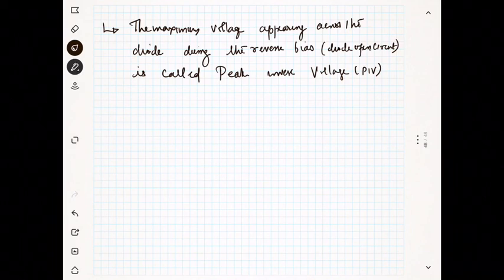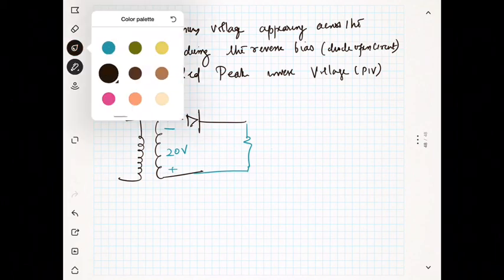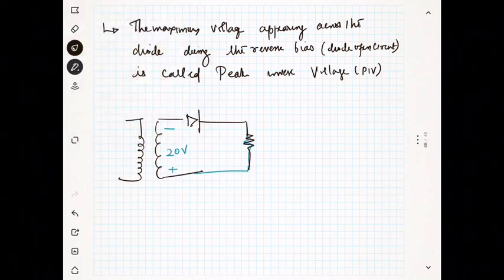And what is the relevance of this? Suppose you are making a rectifier, and you have a diode, and suppose the maximum voltage appearing across the diode is 20 volt. Then your diode should have an ability to resist this 20 volt.